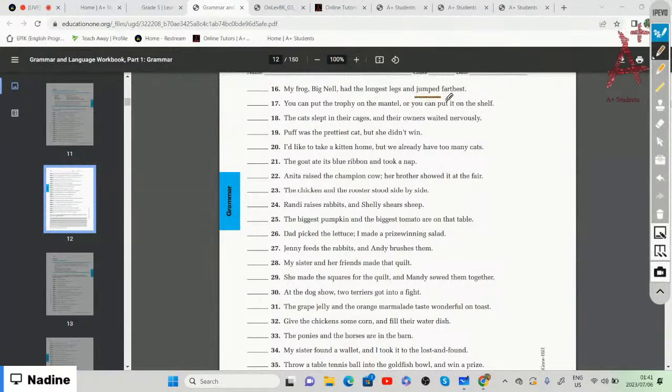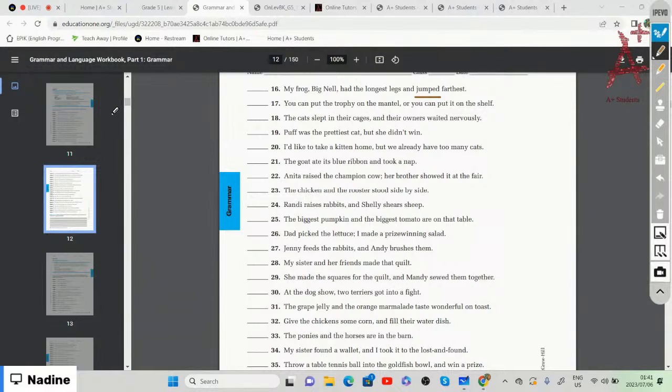"You can put the trophy on the mantle, or you can put it on the shelf." We need to choose the verb within the sentence.